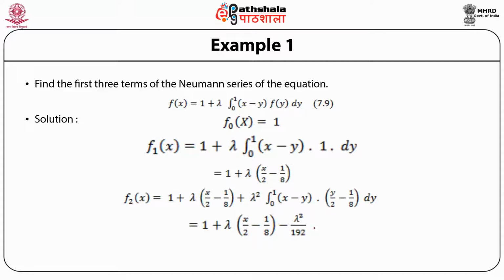So this integral can be evaluated and we get f2(x) is equal to 1 plus lambda (x by 2 minus 1 by 8) minus lambda square by 192. This is the way we can get the successive terms in the Neumann series of the equation. So we illustrated this by getting the first three terms for this equation.